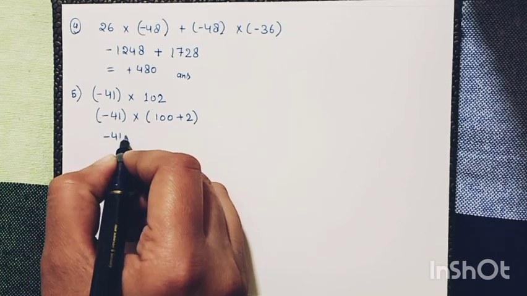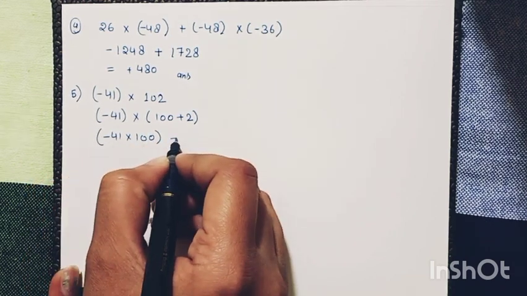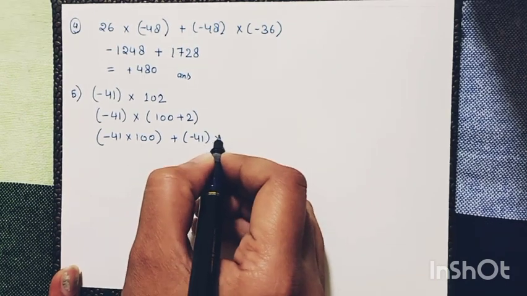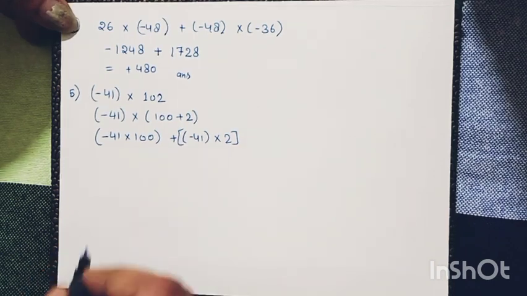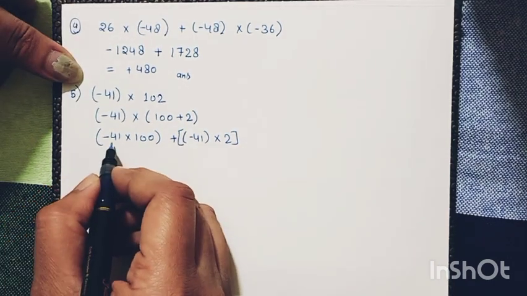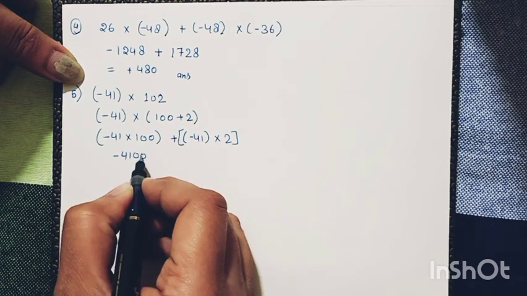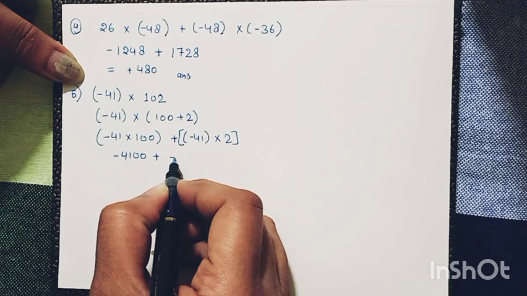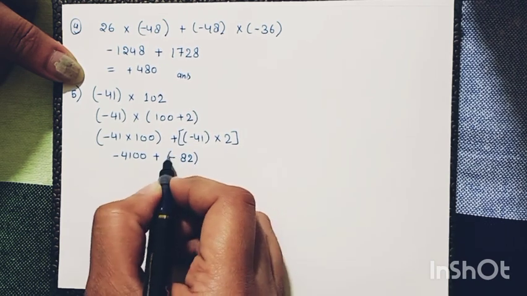So minus 41 multiplied by 100 in one bracket plus minus 41 multiplied by 2 in another bracket. Now it's quite easier to solve this. Just have a solution. Minus 41 and 100 will give us minus 4100, plus minus 41 and 2 will give us minus 82.